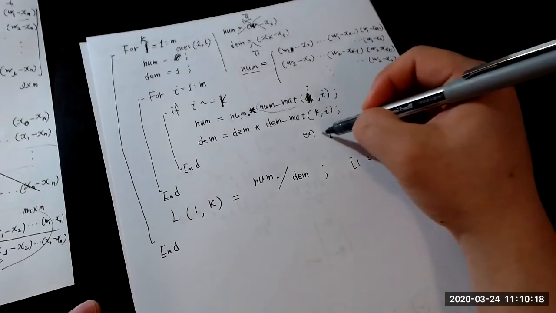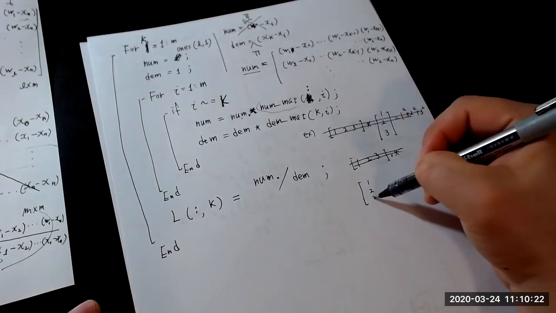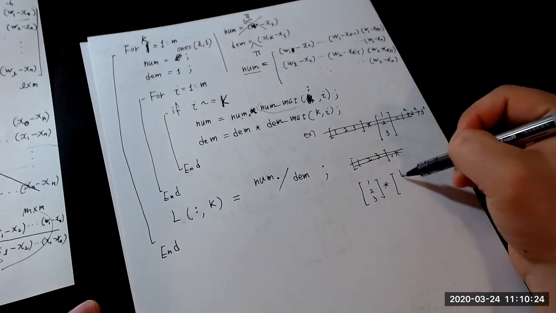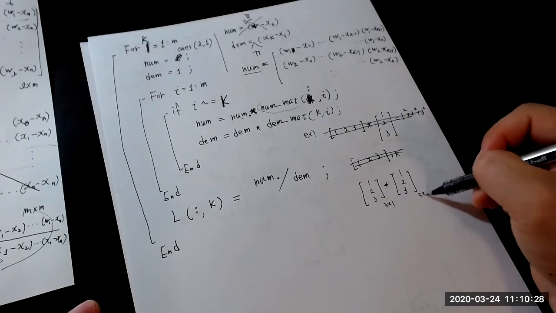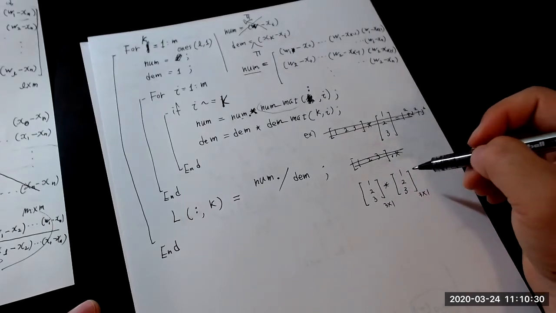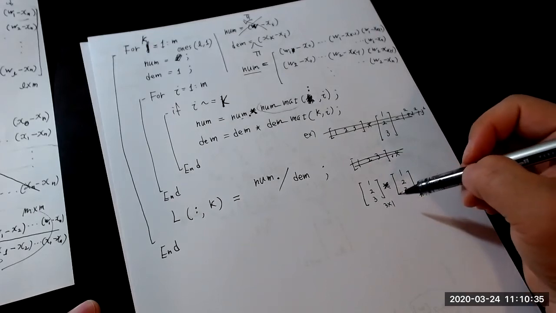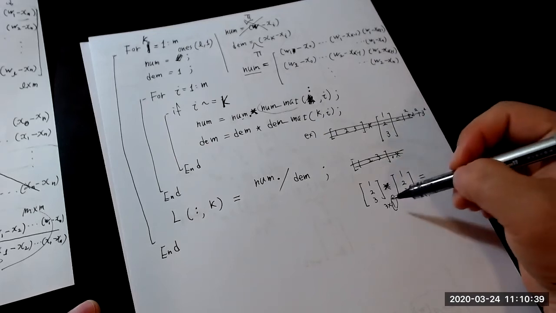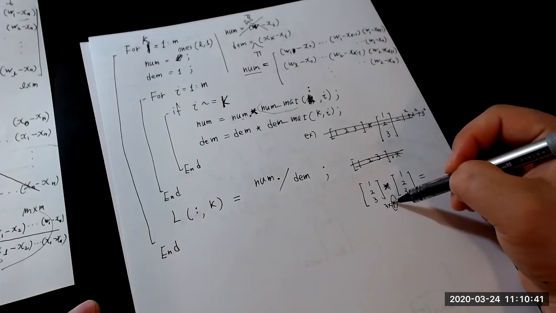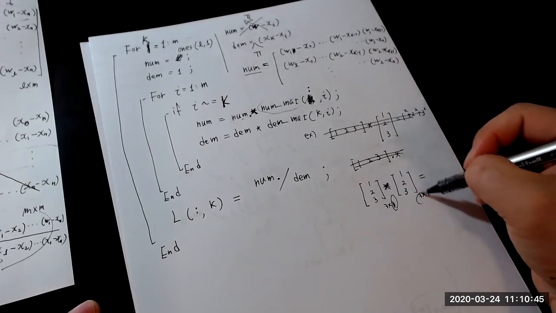If you do this, 1, 2, 3 multiplied by 1, 2, 3, you're going to get an error, because this is a 3 by 1 matrix times a 3 by 1 matrix. MATLAB recognizes this multiplication as matrix multiplication. In matrix multiplication, the number of columns in the first matrix must match the number of rows in the second matrix.